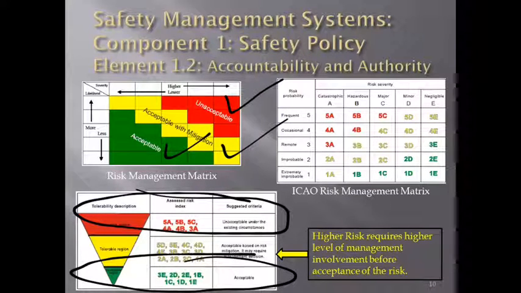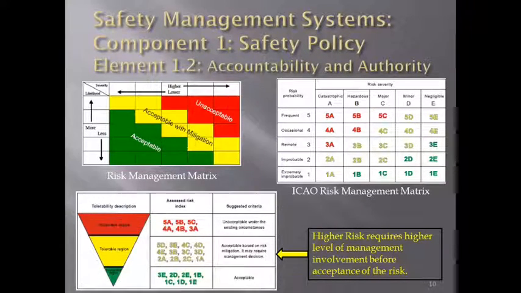We'll get into the different levels of risk, the risk matrix, and that sort of thing as we go throughout our course. The main thing under safety policy that I want you to understand here is that the higher level of risk equals higher levels of authority required to take on the responsibility of making that decision.